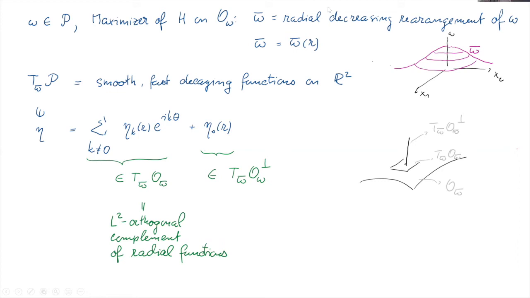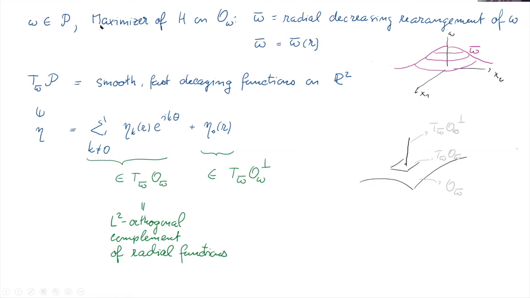And one can use existing rearrangement inequalities to show that for this energy which we are considering, the maximal energy on the orbit is exactly achieved by a radial decreasing rearrangement, right?